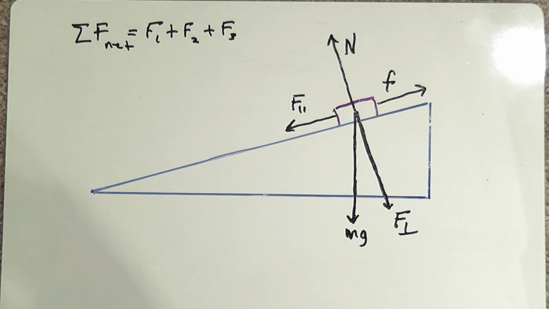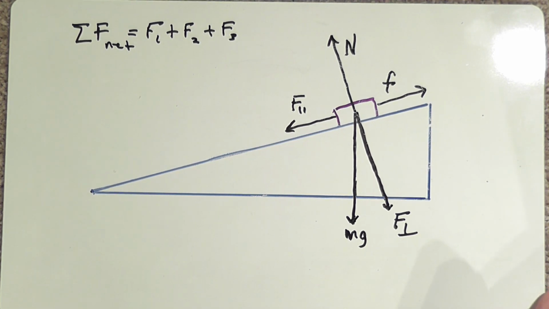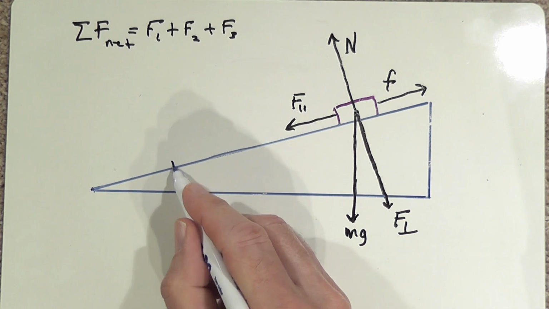Okay, continuing on chapter 4, you're going to have some problems with force on a slope, a mass on a slope, and let's talk about how to solve a problem. First of all, you have a slope. We'll call this 30 degrees.